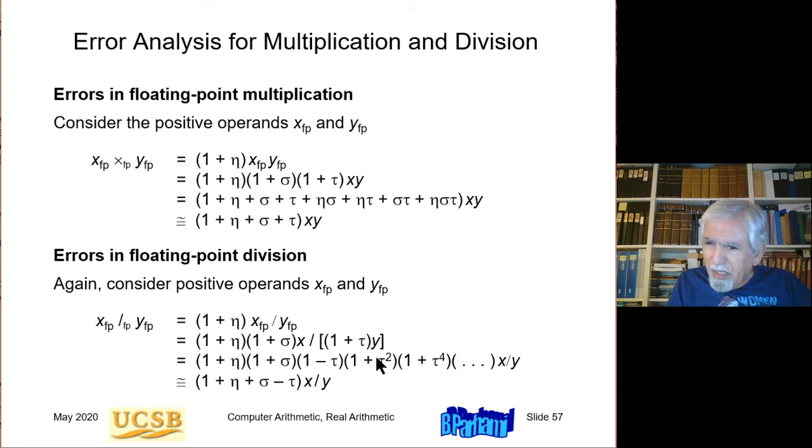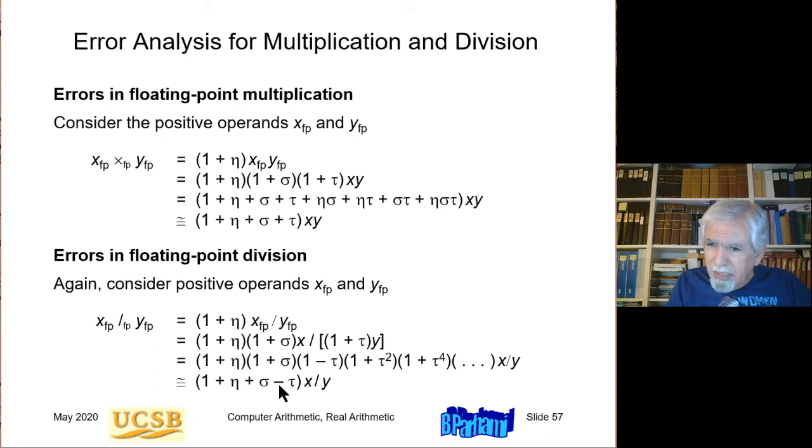And then again, I ignore higher order terms, and I get this. So the floating point quotient, or division result, is related to the exact quotient by this error.